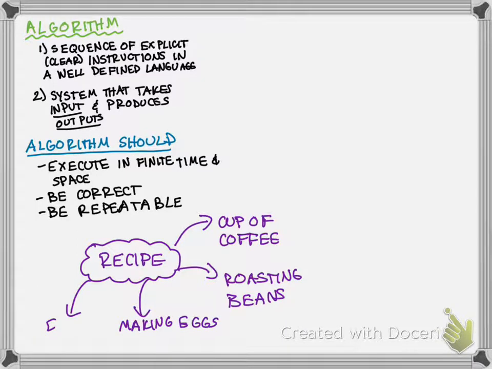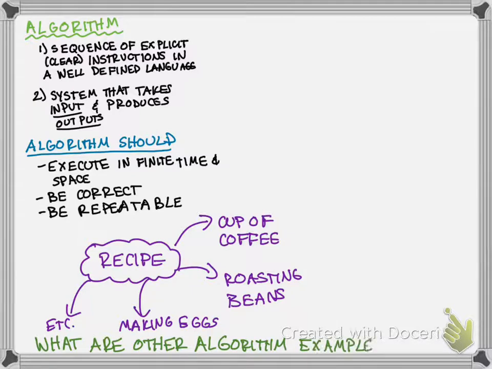Or if we're talking about breakfast, it's making eggs: your set of instructions to get from 3 eggs and salt and pepper into scrambled eggs. There are lots of different things. I just want you to start thinking about some other examples of algorithms that you have had experience with, and I'm going to ask you about that when we meet together next.